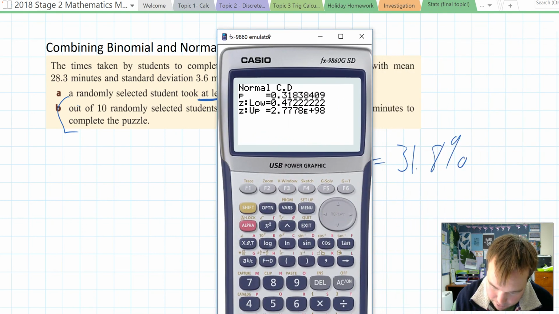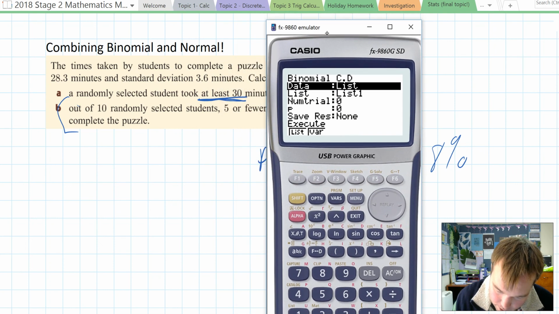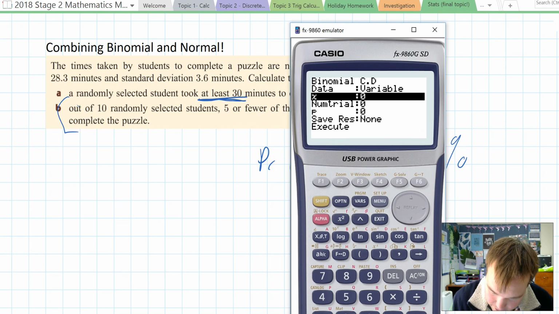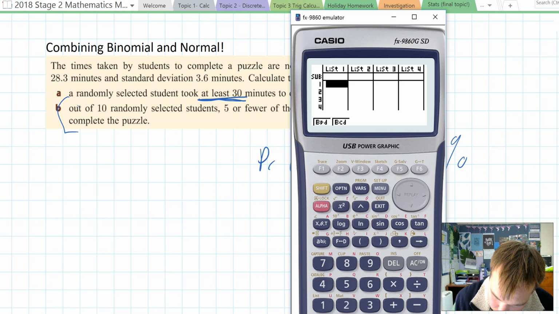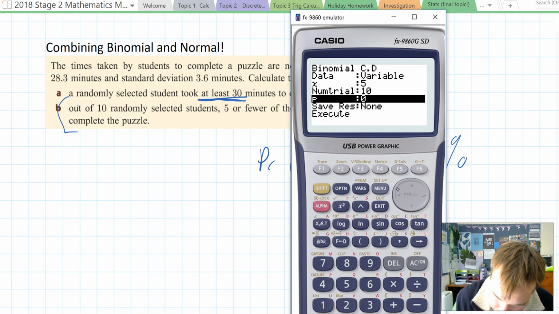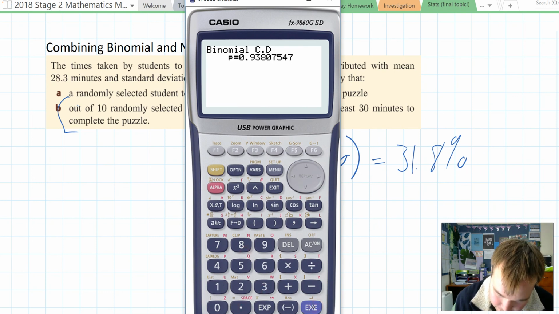So here we have, back into our distribution, we go binomial cumulative. Here we don't want list, we want variable, where x is five, number of trials is 10, and the probability of success is that 0.318 that we calculated before.